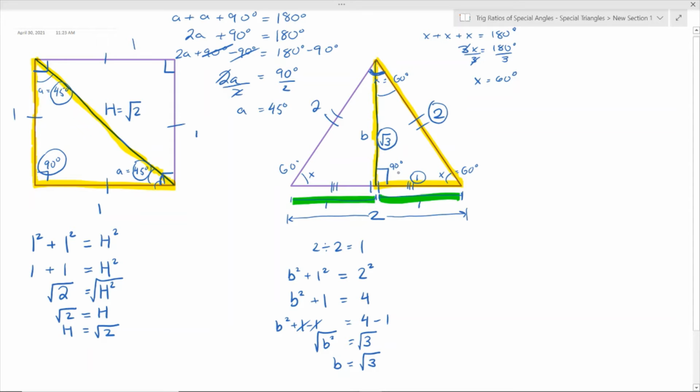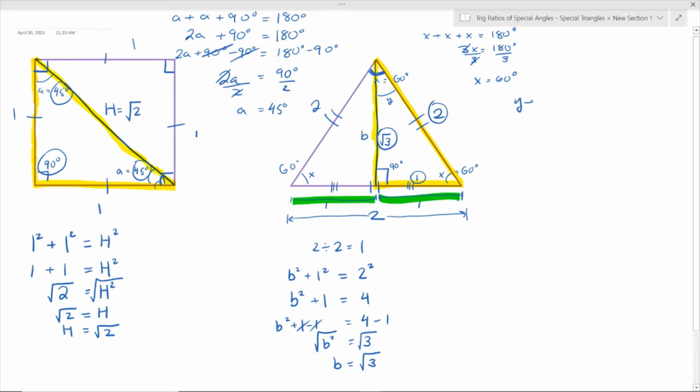And how do we do that? Well, we can recognize that all the internal angles in the triangle add up to 180 degrees. So this angle here, let's call it y, okay? And so we know that angle y here plus 90 degrees plus 60 degrees will add up to be equal to 180 degrees. So I'm going to add them up.